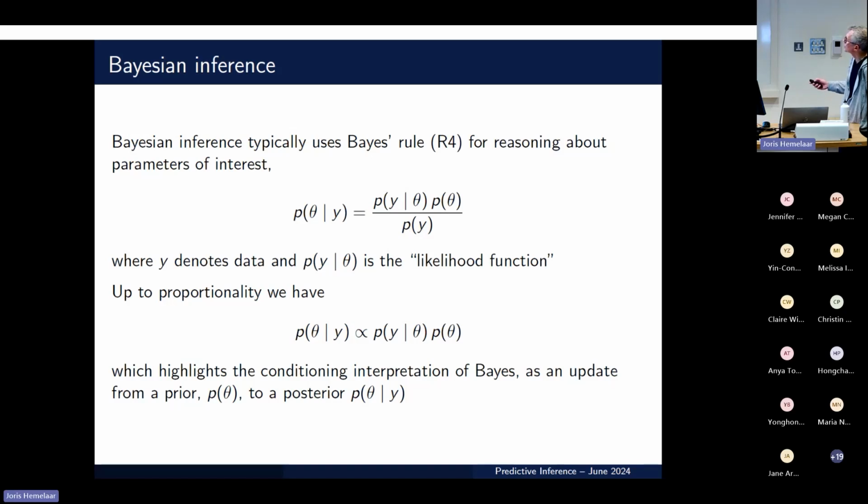Up to proportionality, we can remove the numerator, since it's not indexed on theta. That gives the classical interpretation of Bayes: you start off with your prior, you get some data, you have a likelihood function, and you multiply the prior by the likelihood, and that takes you to the posterior. There's a very natural interpretation: as information arrives, we update from prior to posterior and then forward.